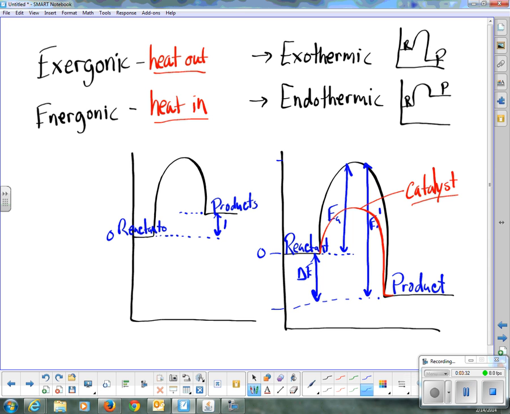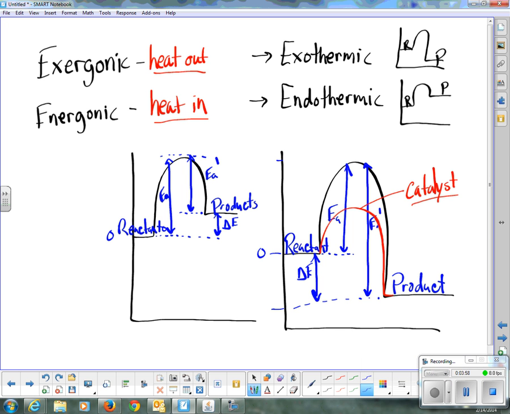This area right here is delta E. The area from the reactants to the top of the curve is E of A, which is the activation energy. And the distance from products to the top of the curve is known as E of A prime, which is the activation energy of the reverse reaction. Okay, so we've done a ton of these, so hopefully this is not anything new.